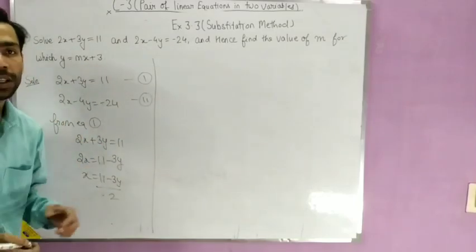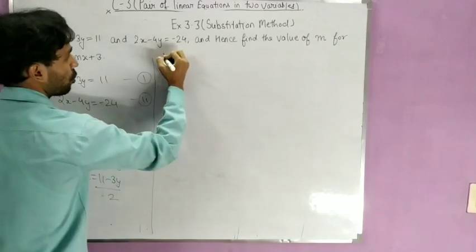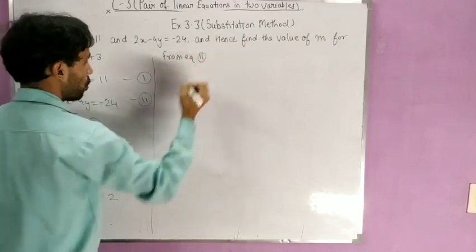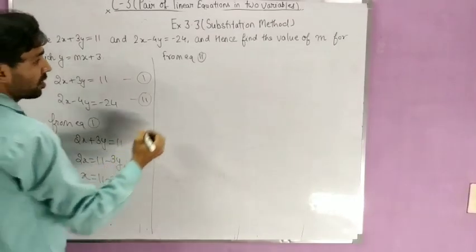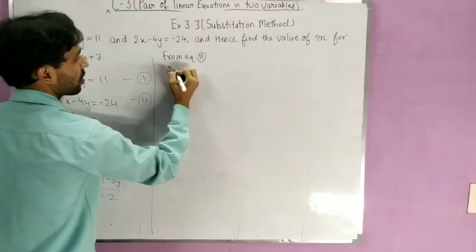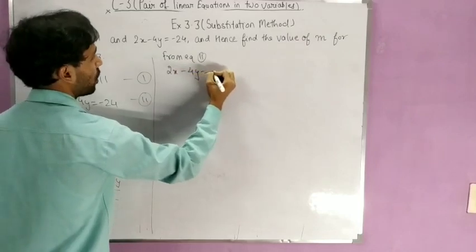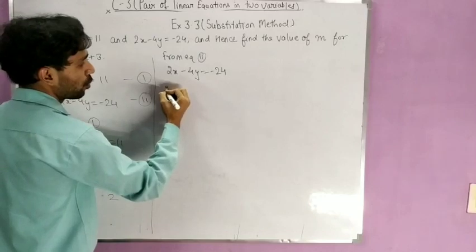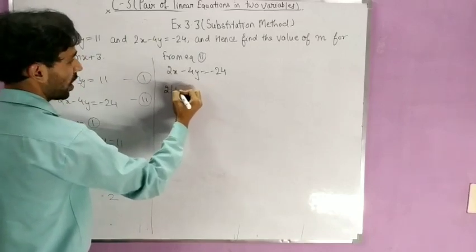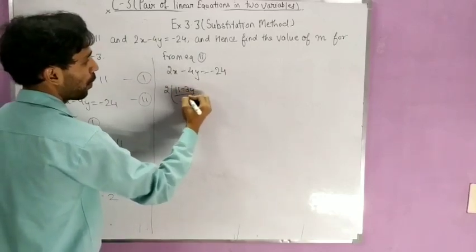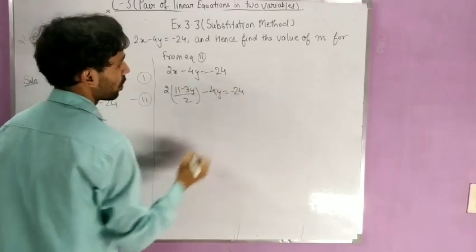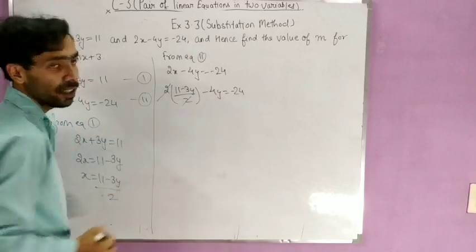So we got the value of x from equation number 1. Now put it in equation number 2, which is 2x minus 4y equal to minus 24. So put the value of x here: 2 into (11 minus 3y) upon 2, minus 4y, equal to minus 24. Now this 2 will be cancelled.